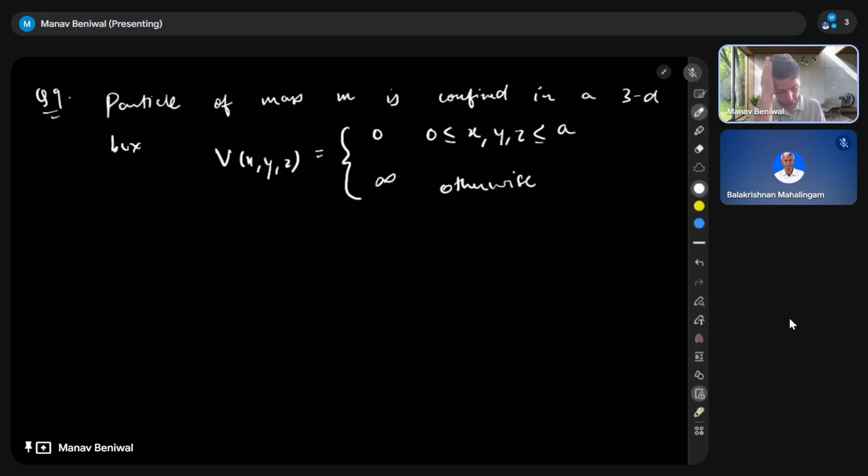So we have a cubic potential, right? A 3-dimensional box and a particle is confined within that box. Outside, the potential is infinity.